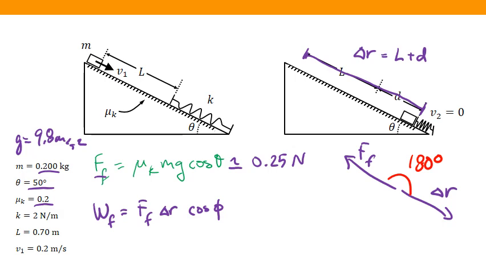So when I think about it, now I work it out. My work done by non-conservative forces is just going to be this coefficient of kinetic friction times mass times gravity times cosine of my angle times L plus D. And cosine of 180 is going to give it a minus sign.